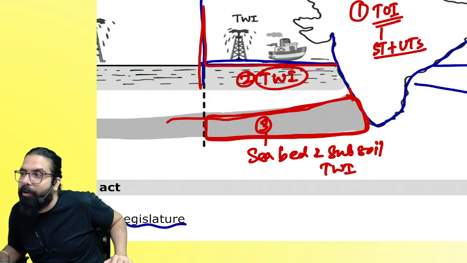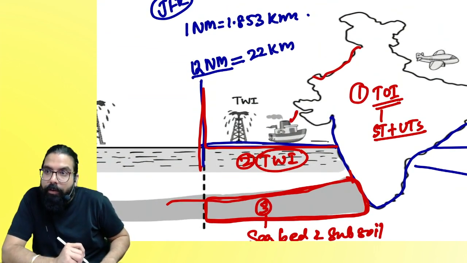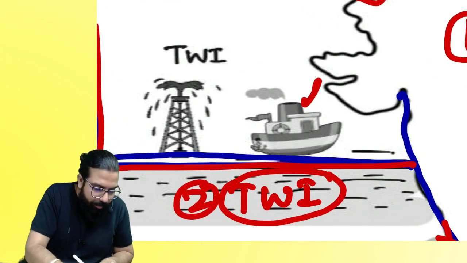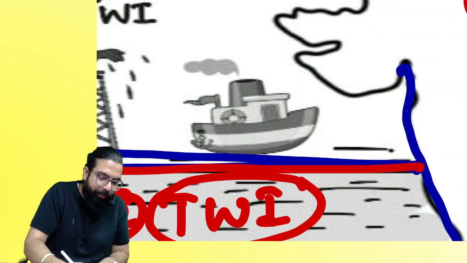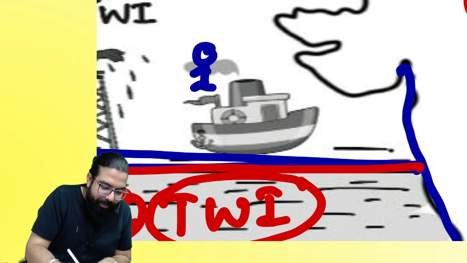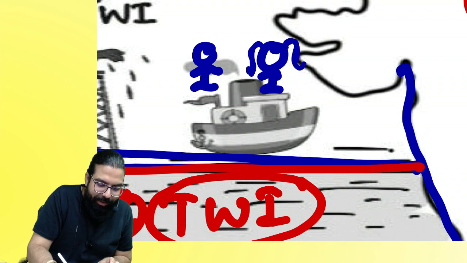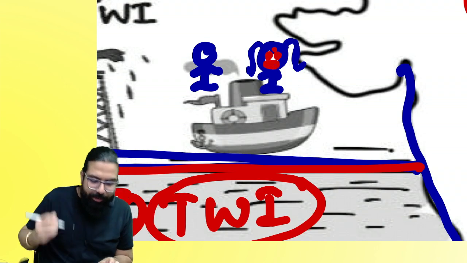Why, sir, are you teaching India? Because GST is applicable on a transaction in India. Suppose I tell you who is doing a transaction. Your name? Akash.